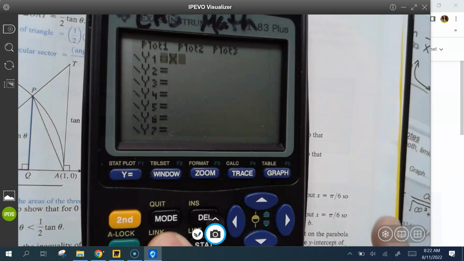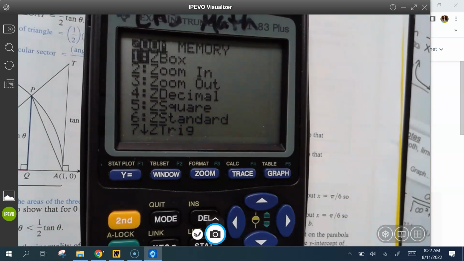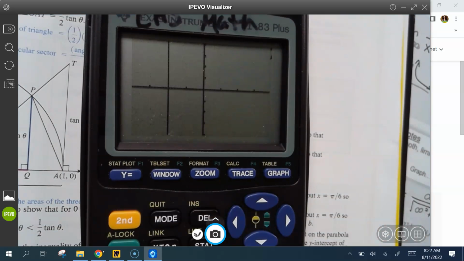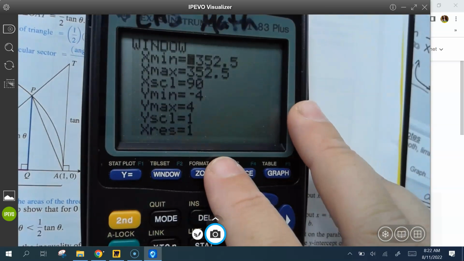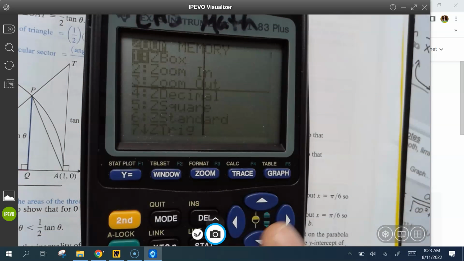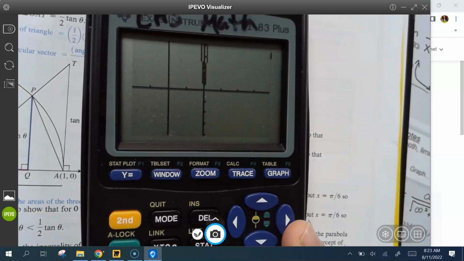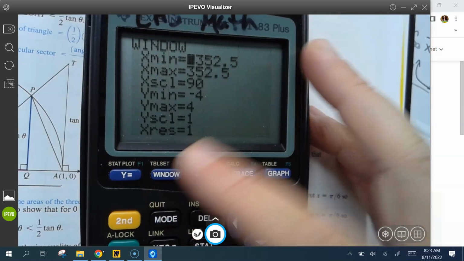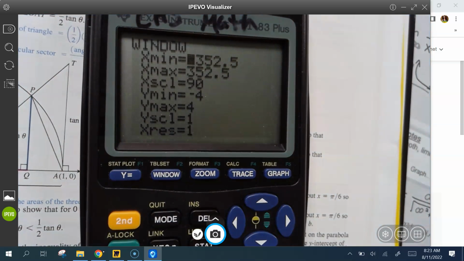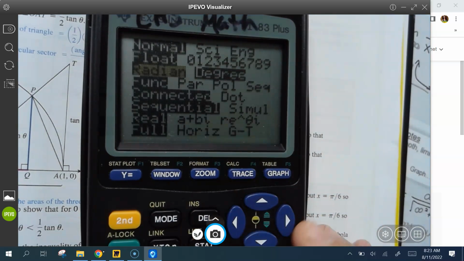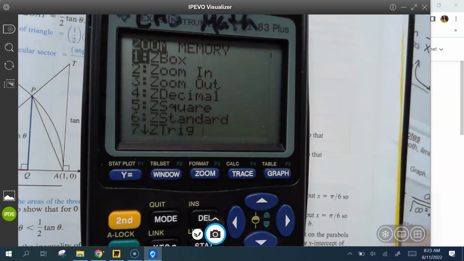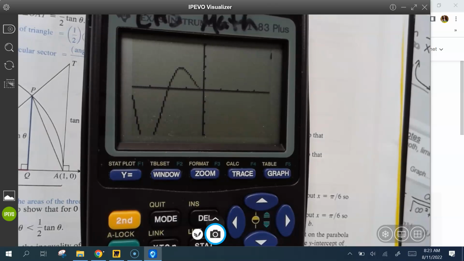Y equals x sine x. I'm going to do a zoom 7. Ooh, I better come in some. Why did it do that? Did I hit zoom trig? Okay. Let's come in. Oh, you know what? That's why. Always make sure you're in radians.